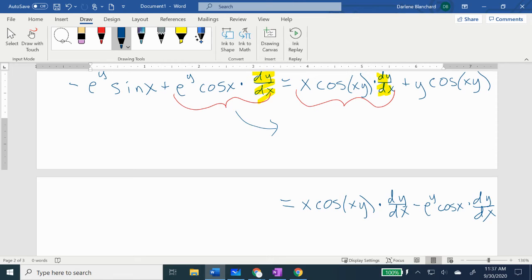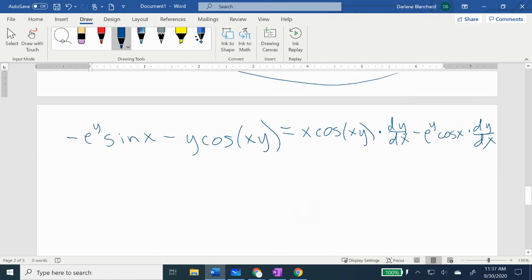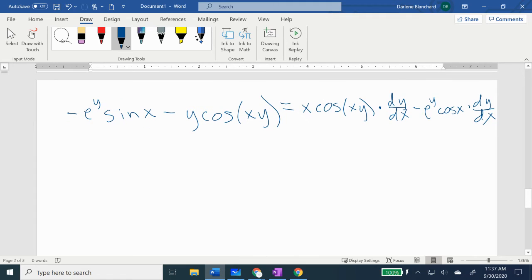And then on the left, I have negative e to the y times sine x, and I need to subtract this over. I'm going to pull a negative sign out of that mess.